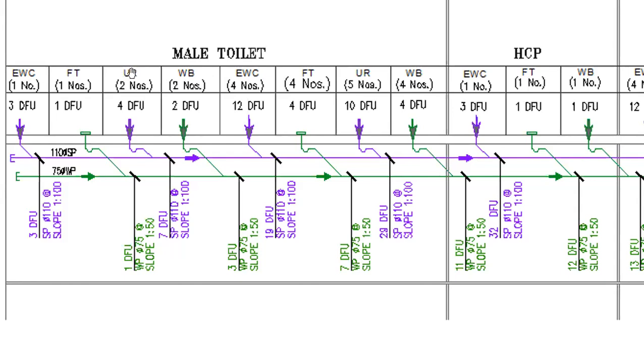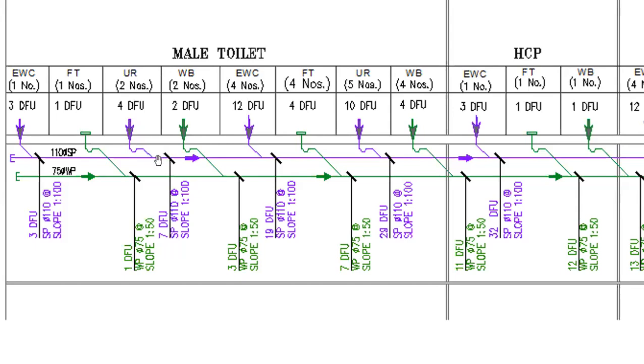From the urinals, 2 numbers of urinals only we are taking. For each urinal, 2 drainage fixture units from table number 18 we took. Here we have 2 urinals, so 2 into 2, 4 drainage fixture units, adding into the header.